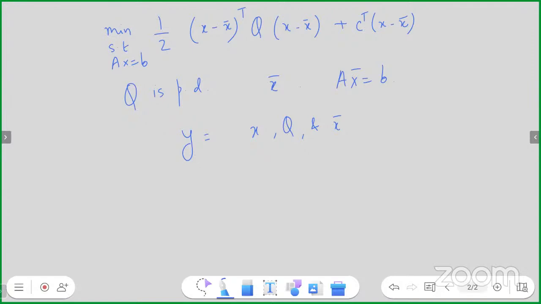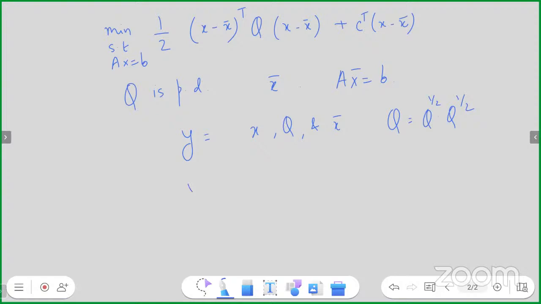Take Q to be some H transpose H. Just take Q to the power half. If you like, you can write Q as Q power half times Q power half. Nothing wrong with that. You're allowed to do that because Q is PD for the moment.